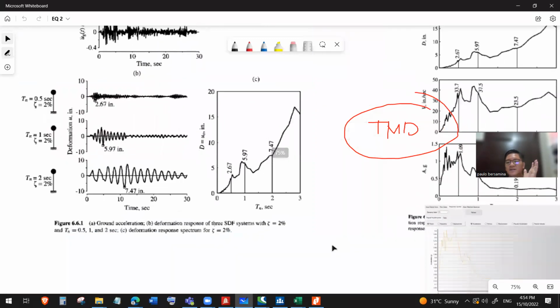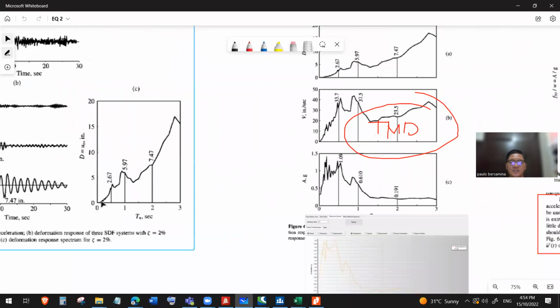And that's for the acceleration. As you see, as the period of the structure increases, the deformation becomes larger.